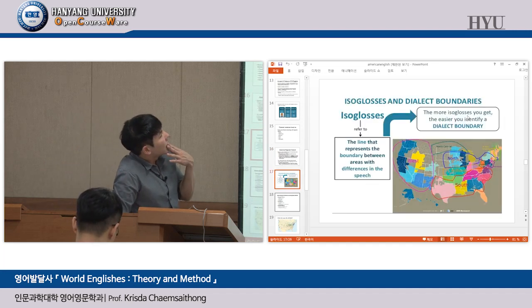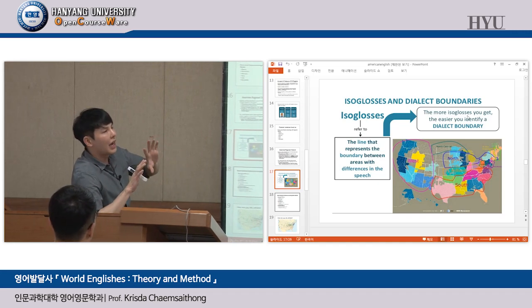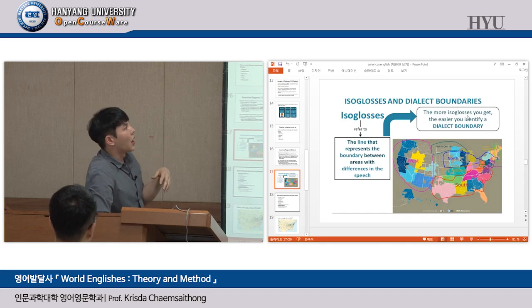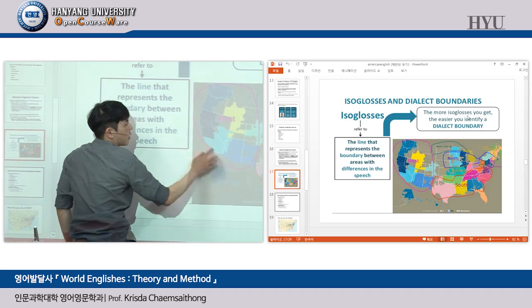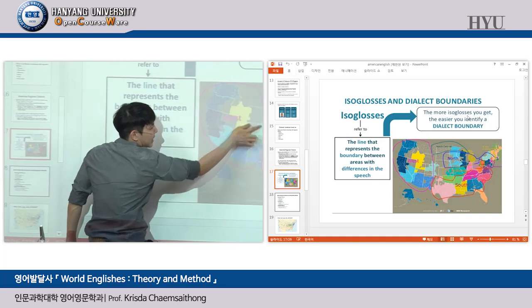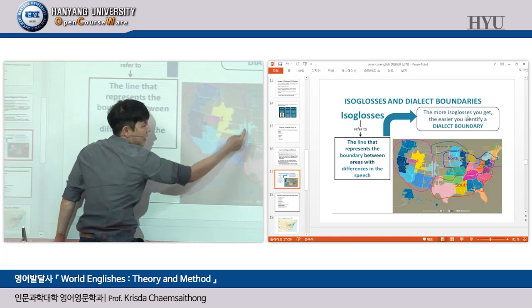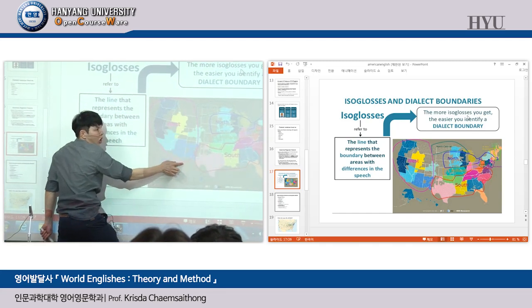Now, you see isoglosses. Remember, isoglosses are different lines that sociolinguists draw, right? One isogloss refers to the line that represents the boundary between areas with differences in the speech, okay? So if this area, you see this pink line here, is different, they go around asking people in all the area, and they see that this is kind of the boundary, right? So they draw a line. We call this the isogloss, right?